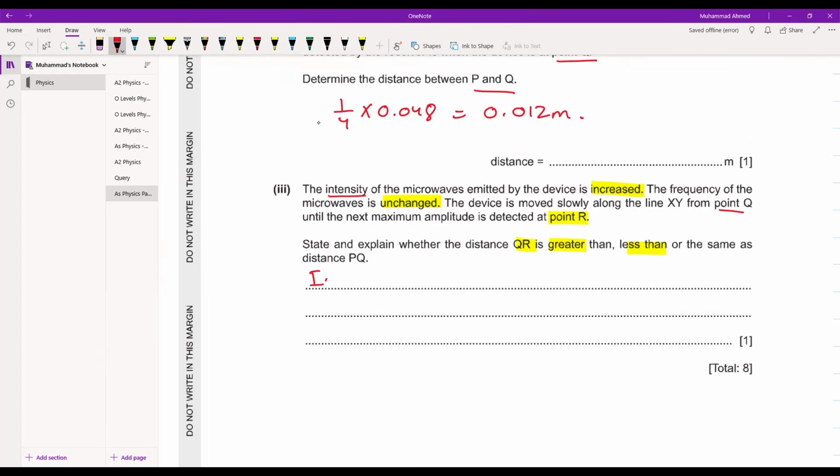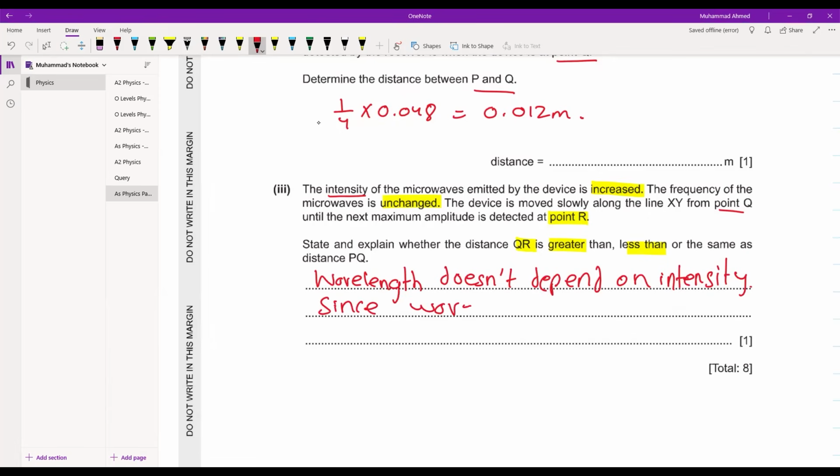You can say wavelength does not depend on intensity. Easy.